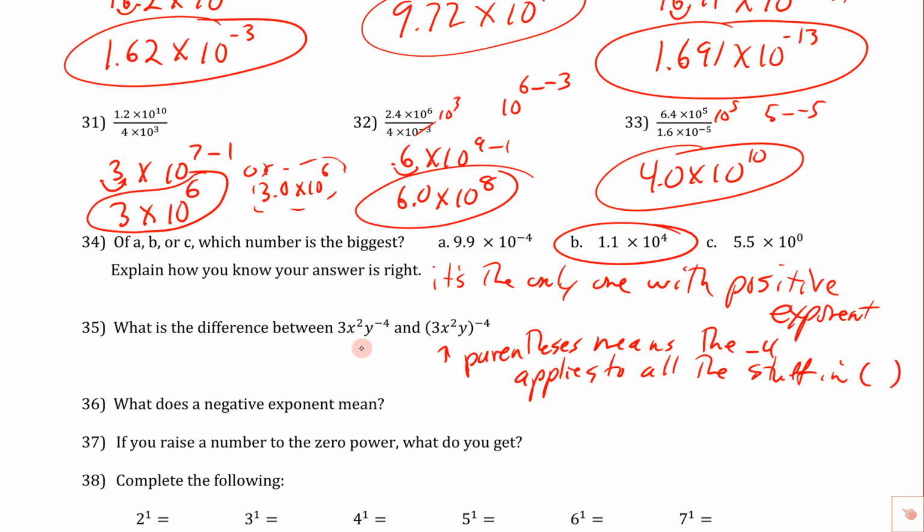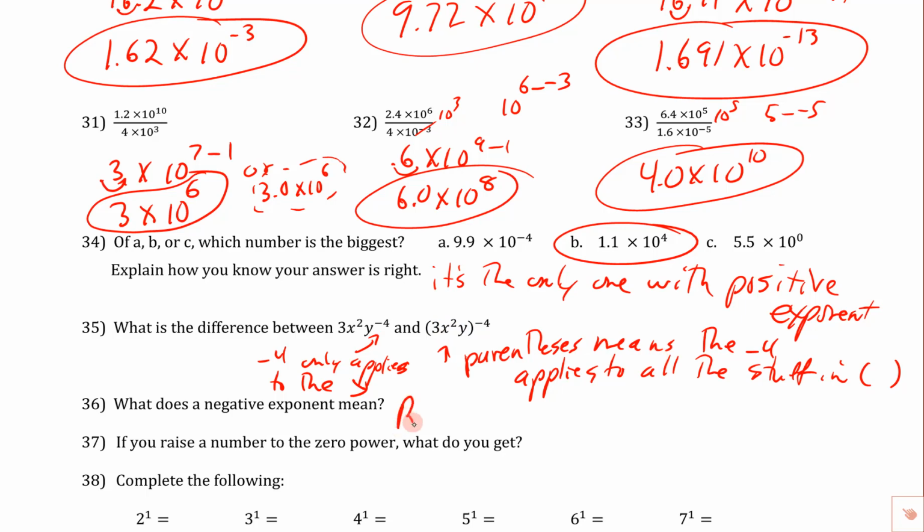The negative only applies to the y here. So the -4 in the exponent only applies to the y because that's all it's over. And here, because it's in parentheses, it applies to everything in parentheses.